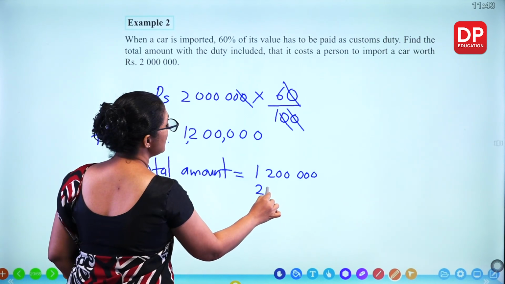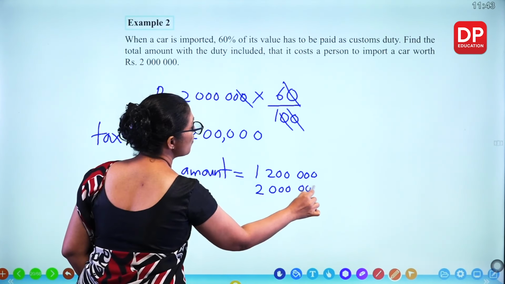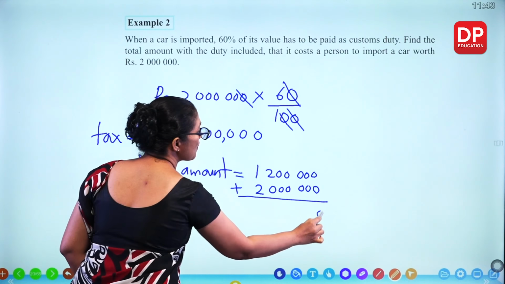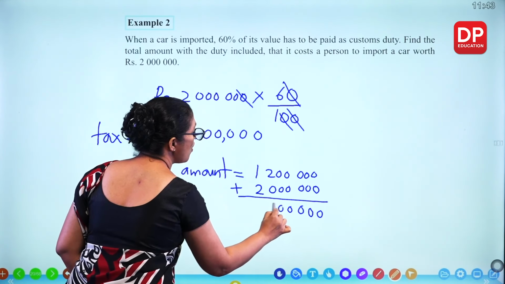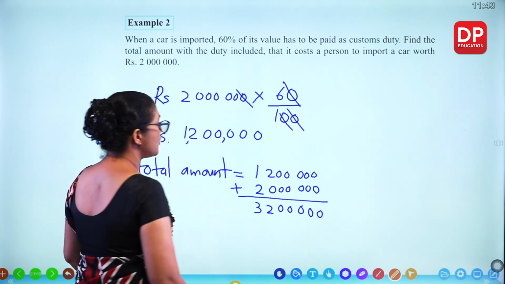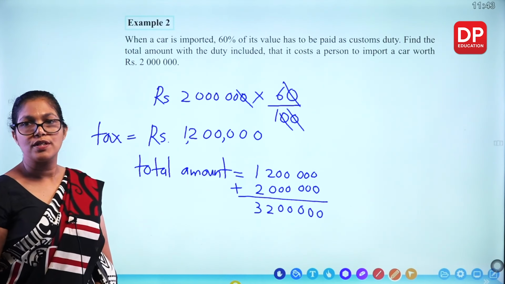So 2 million and 1.2. What's the total they have to pay? So the total amount is 3,200,000 rupees.